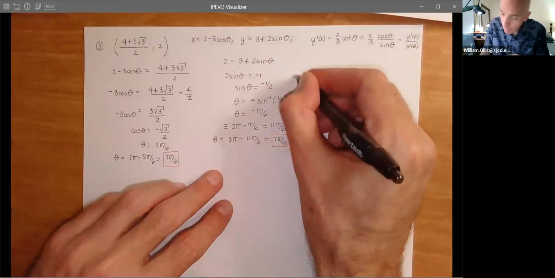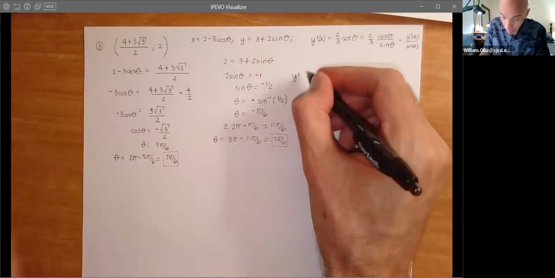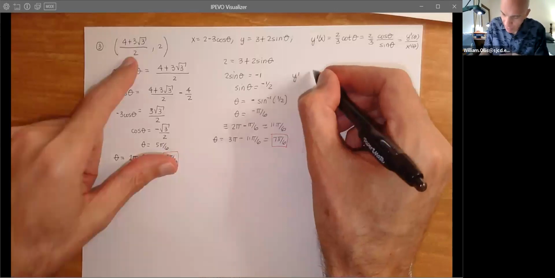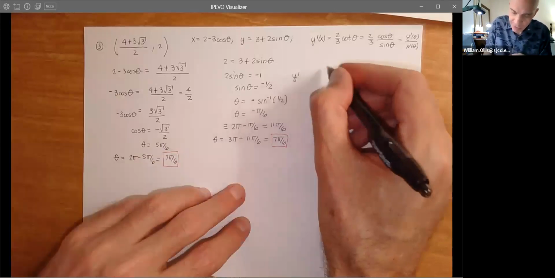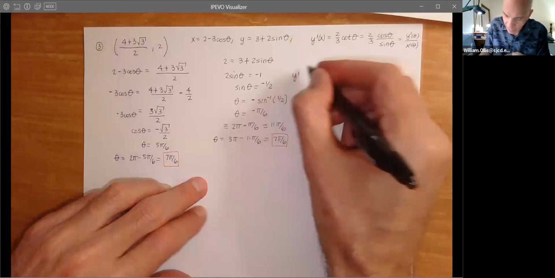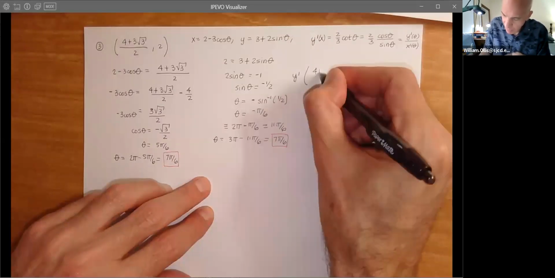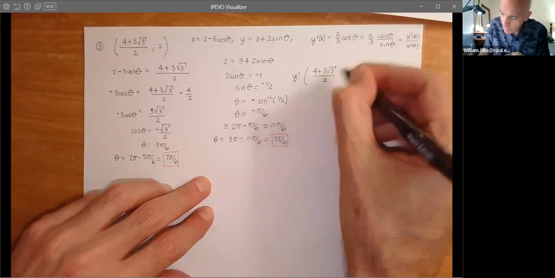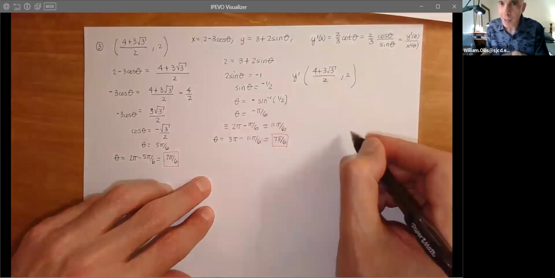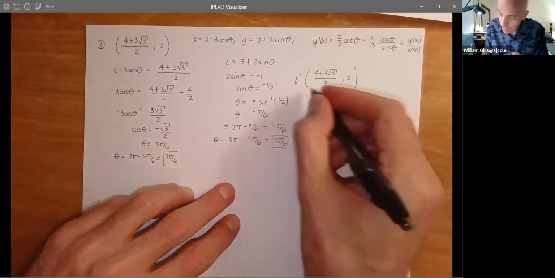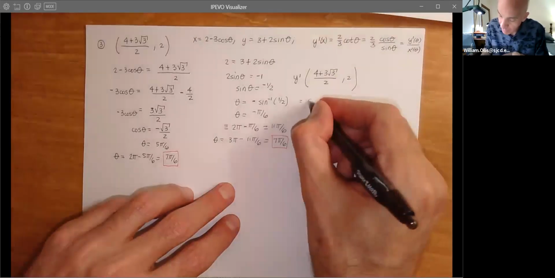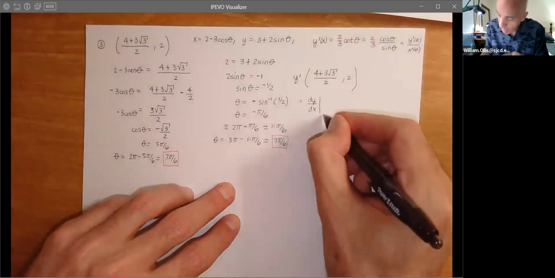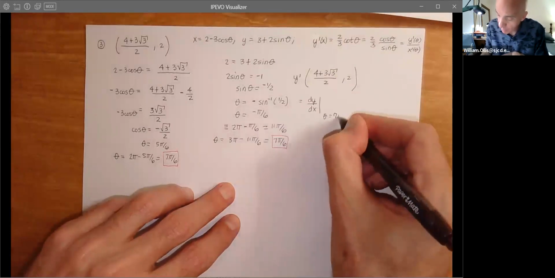So let's see what we get. y prime of, well, that number. Let's see here. I'll do it. Choose to be consistent, and I am consistent. If we actually evaluated at that point, this would be dy dx when our parameter value is 7 pi/6.